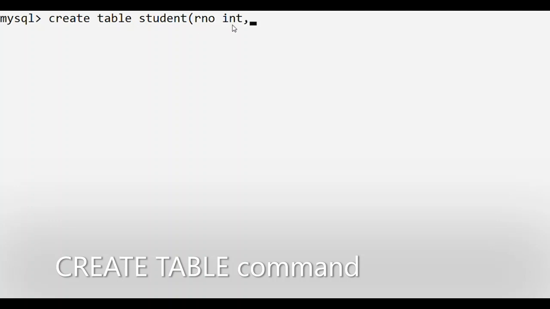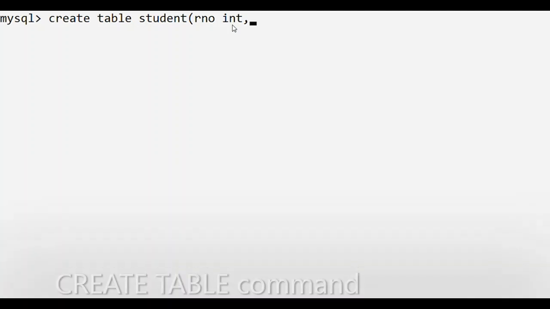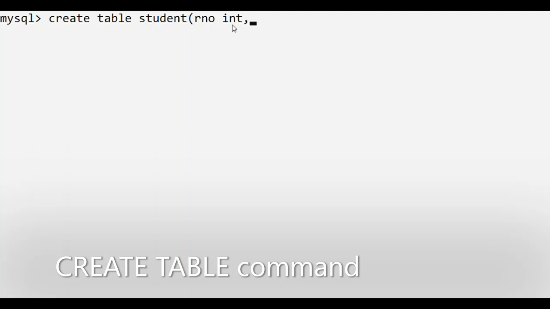Now we put a comma and start with the second field in the table. The second field was the name field that will be storing the name of the student. So we write name, and the name field stores text values.